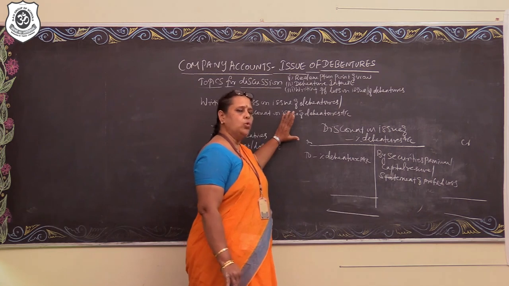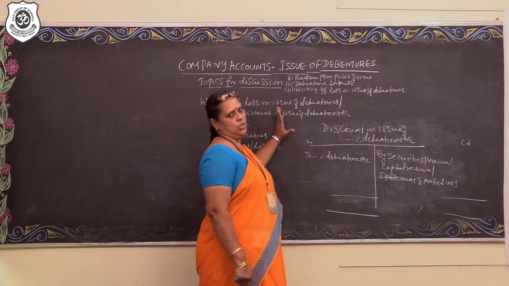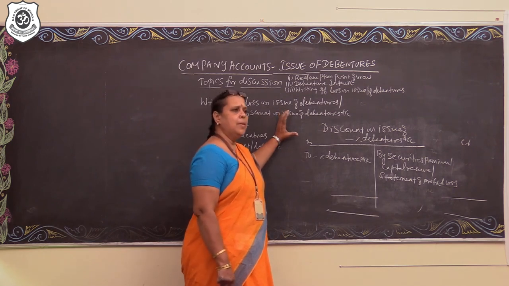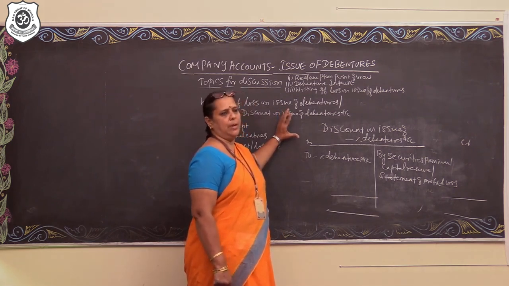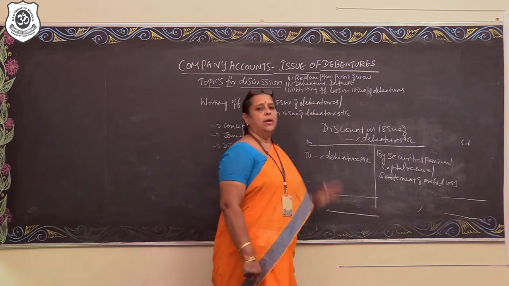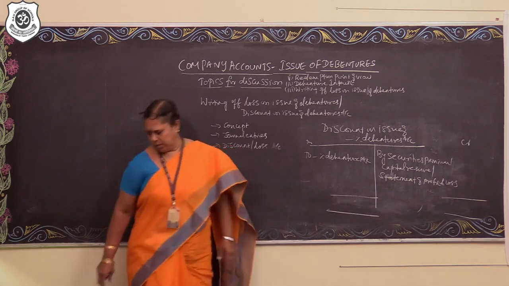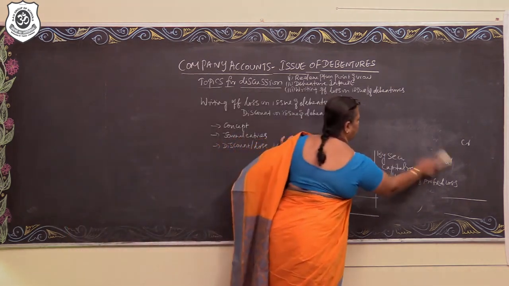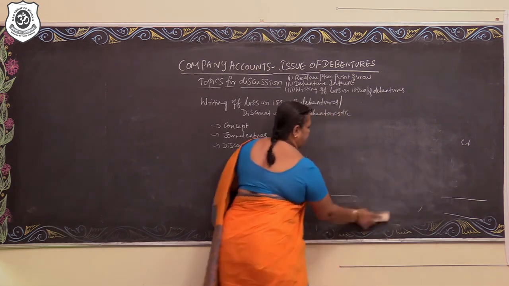We shall now go to the preparation of loss on issue of debentures account. Though the accounting treatment remains the same, there may be a mild variation in the preparation of loss on issue of debentures account in comparison with discount on issue of debentures account. So, let us now prepare the loss on issue of debentures account.